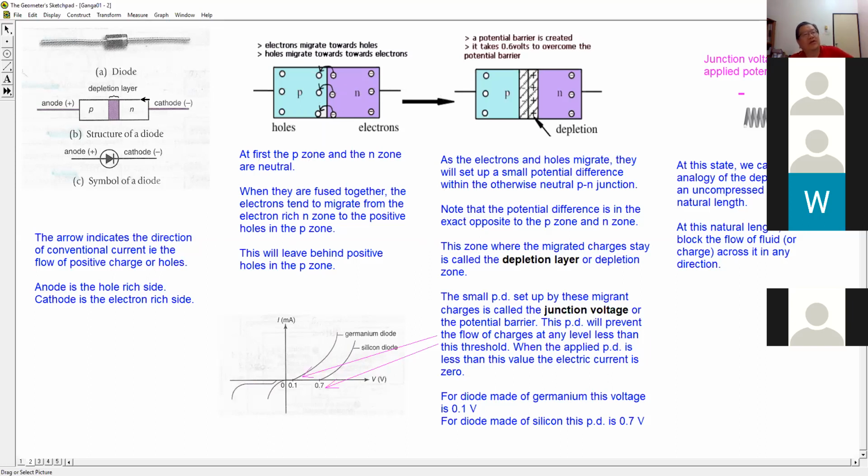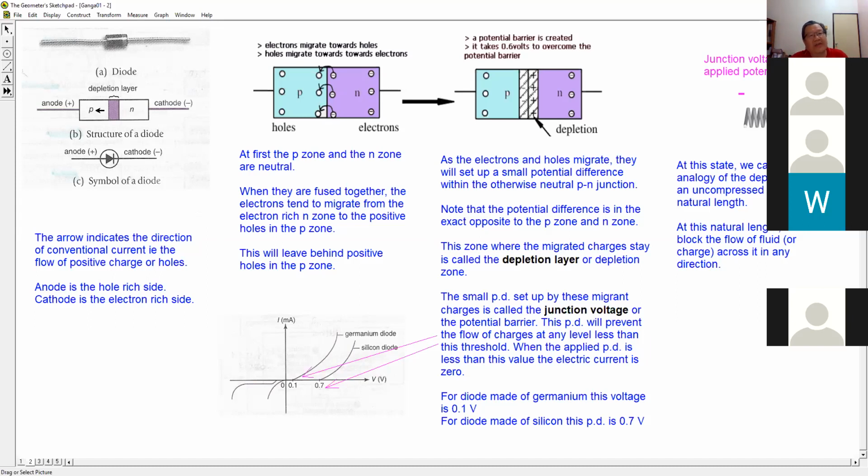Okay, right. So you bear in mind that these diodes only allow a small voltage and a small amount of current to flow. So we come back to the structure of the diode. The diode consists of a p-type semiconductor and an n-type semiconductor.